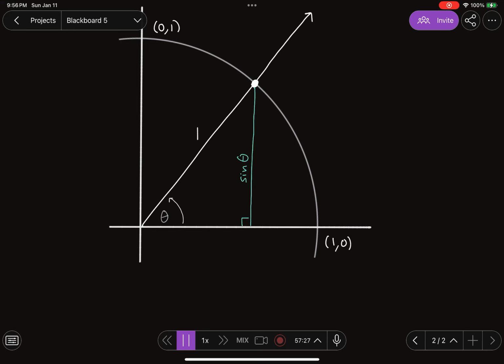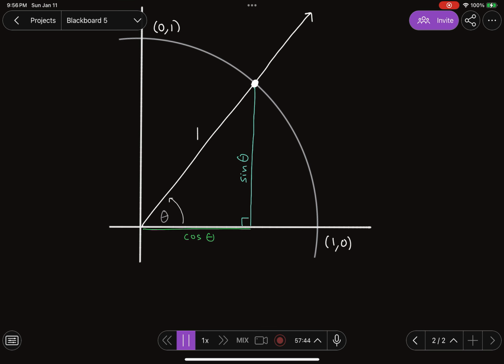Now, this distance right here, hopefully you remember, that distance is cosine of theta. Okay, very nice.